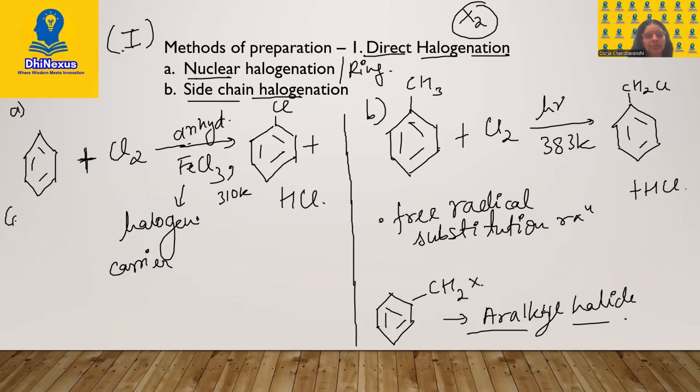We take first benzene, which is C6H6 along with Cl2 under anhydrous conditions. Anhydrous means there's no trace of water, along with FeCl3. FeCl3 is a Lewis acid.